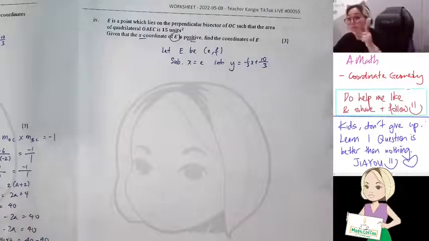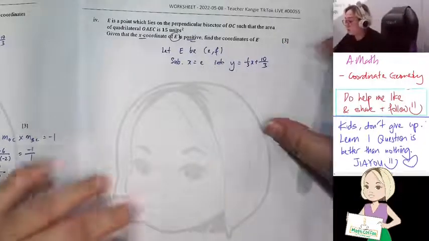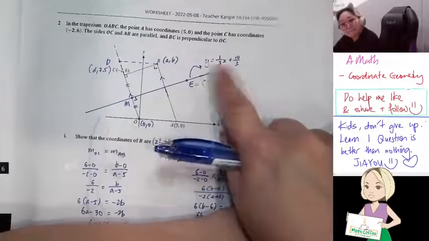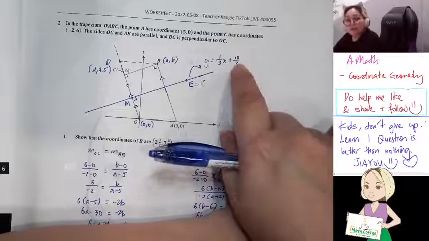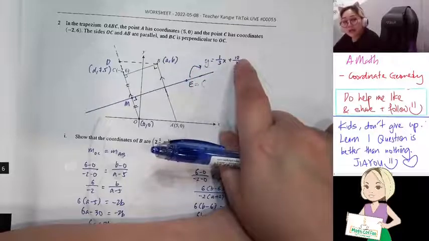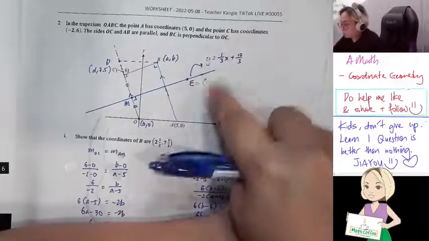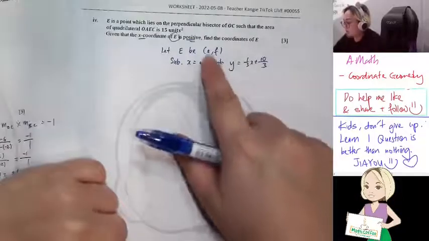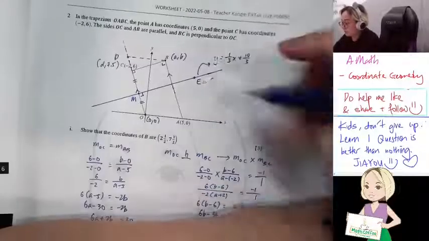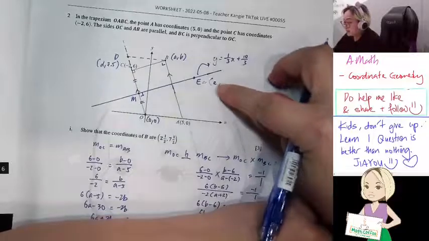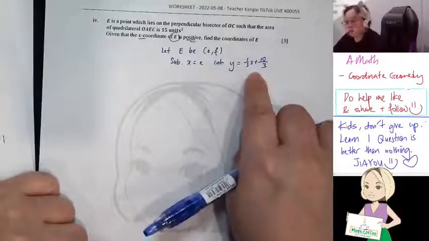So this is one method that a lot of students don't know, because my point E is on this line. If I already have the equation of the line, I don't have two unknowns, I actually just have one unknown. I just let E be the x coordinate, then sub x equals E into the equation of the line.